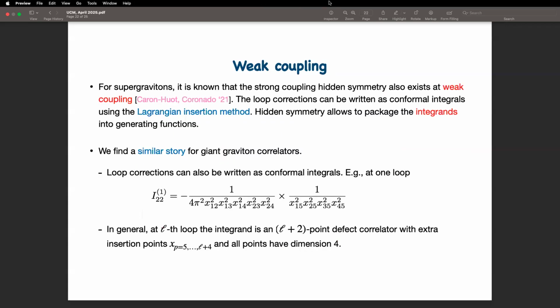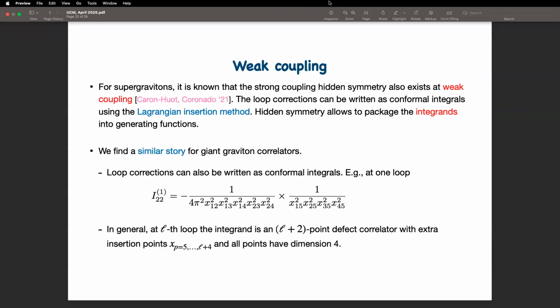Okay. Now the last thing I want to mention is about weak coupling. So far I've only talked about strong coupling, but quite surprisingly, we find, or maybe not that surprisingly, that what we observed actually also has applications in the weak coupling regime.